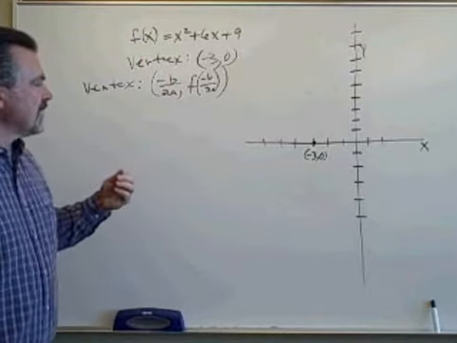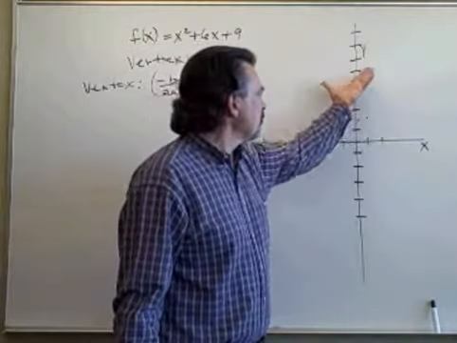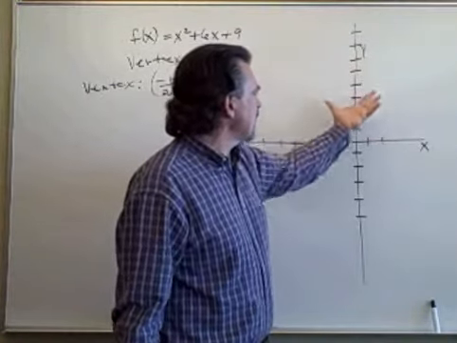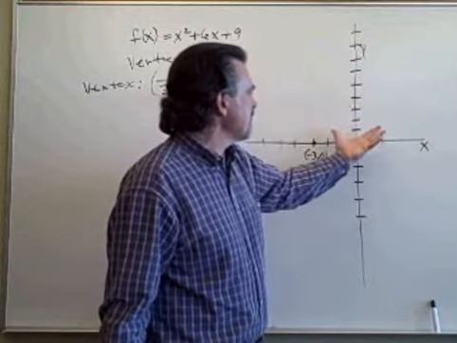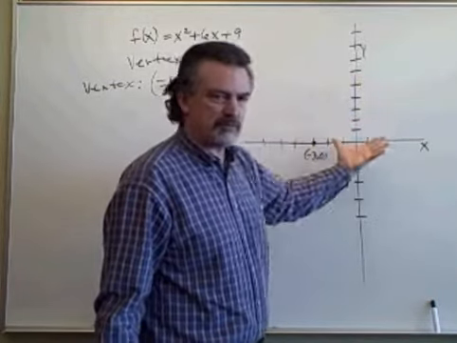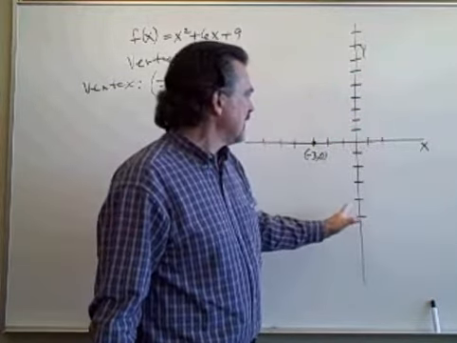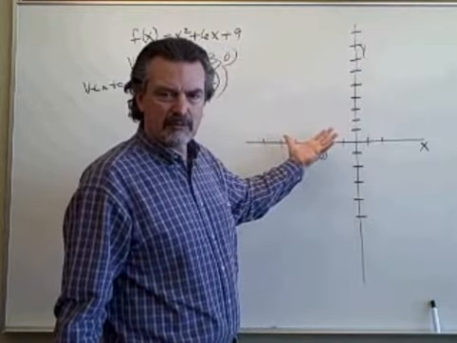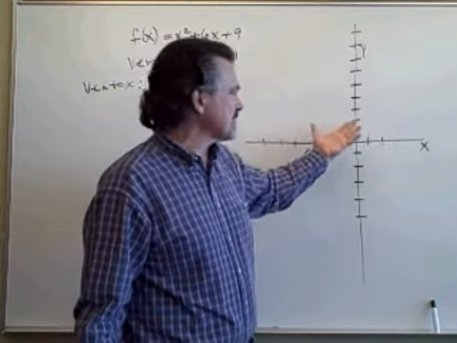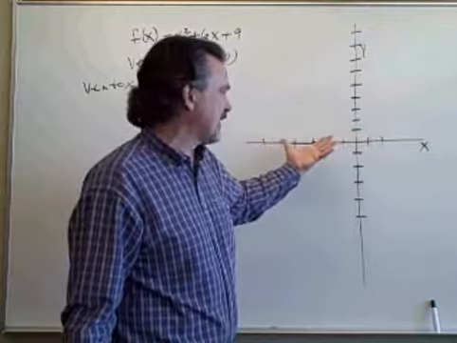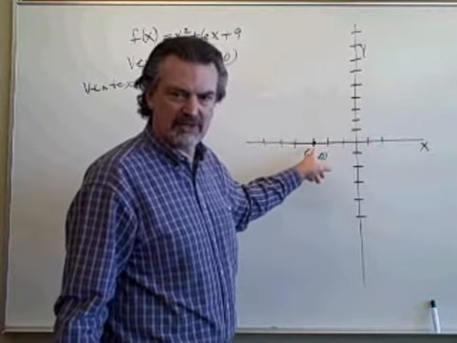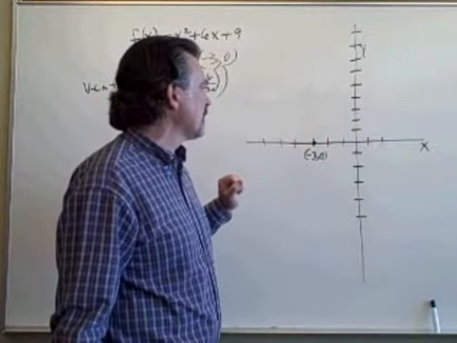If you recall, the original standard quadratic function, f of x equals x squared, is symmetric with respect to the y-axis. Of course, this parabola is not going to be symmetric with respect to the y-axis because it's been moved off of the y-axis. Its turning point, its vertex, is now here at negative 3, 0.